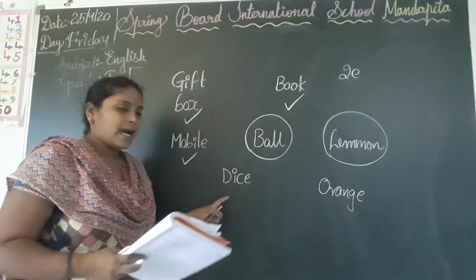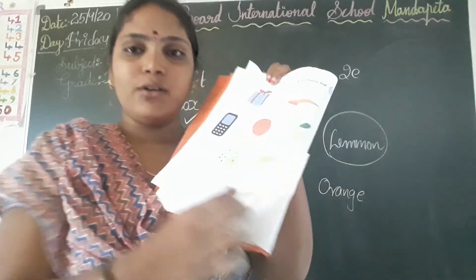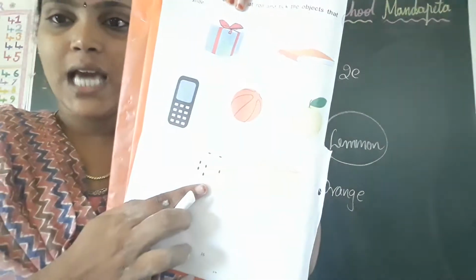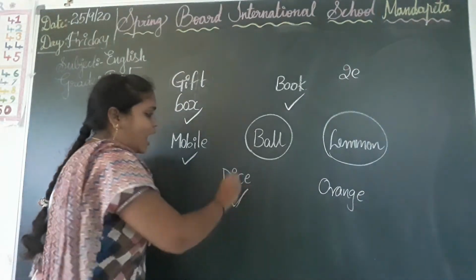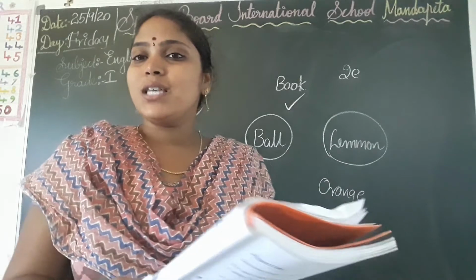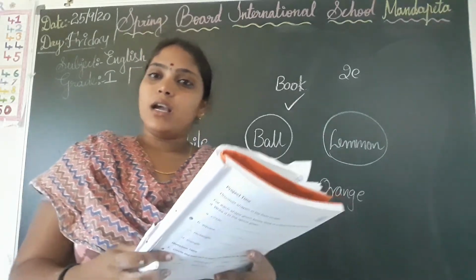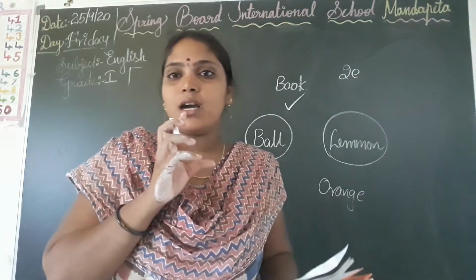Next, dice. The dice has a flat surface. Yes, you have to check here. So it slides, so you have to tick. Next, orange. Does the orange have a flat surface or a curved surface, children? Actually, orange is a circular shape.